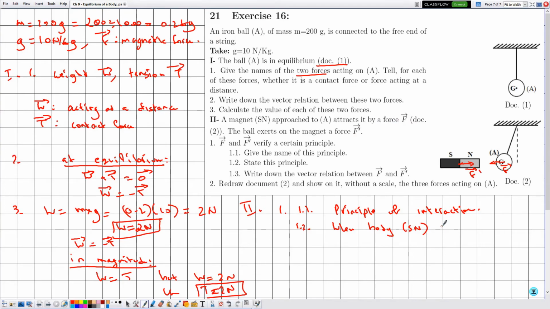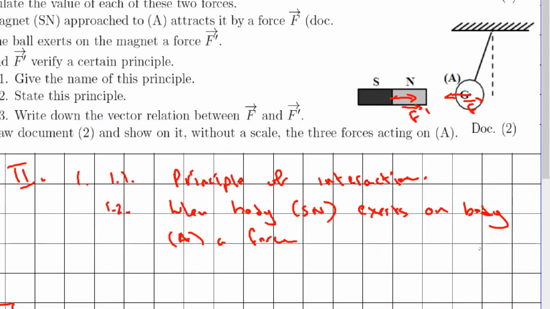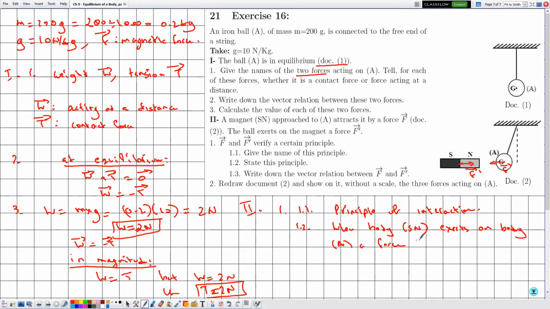One body Sn exerts on the other body A a force. So it is the force exerted by Sn on A. So this is the force F, which is said to be the action. Then now we flip them.